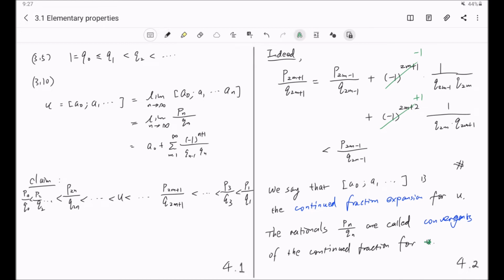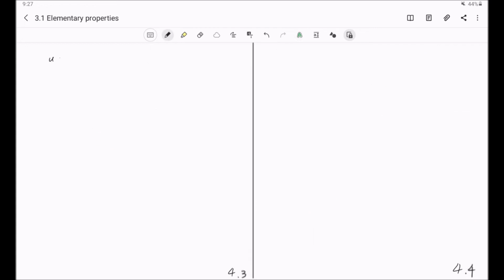And actually, it turns out that they provide very rapid rational approximations to u. And in fact, what you can see from here is that u minus p sub n over q sub n is equal to this convergent sequence. Actually, this is just the tail of that infinite sum.